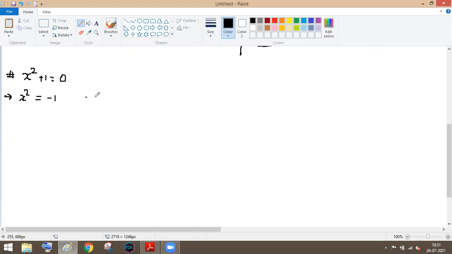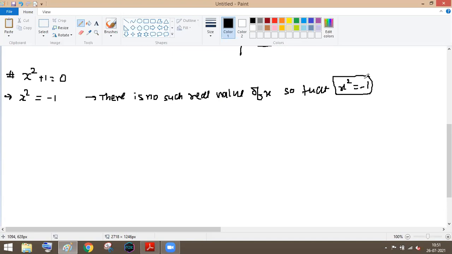But we know that there is no such real value of x so that x square will be equal to -1.